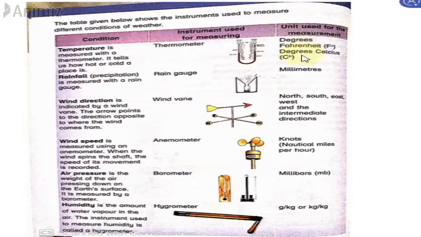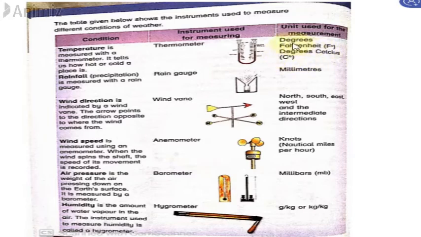Every quantity that is measured has a unit. Just like when you go to the shop to buy a bottle of Coke, you would say, give me a 1.5 liter bottle. That's the unit of something. In order to measure something, we have defined sets of units for every quantity. The measurement for temperature is done in degrees Fahrenheit or degrees Celsius.